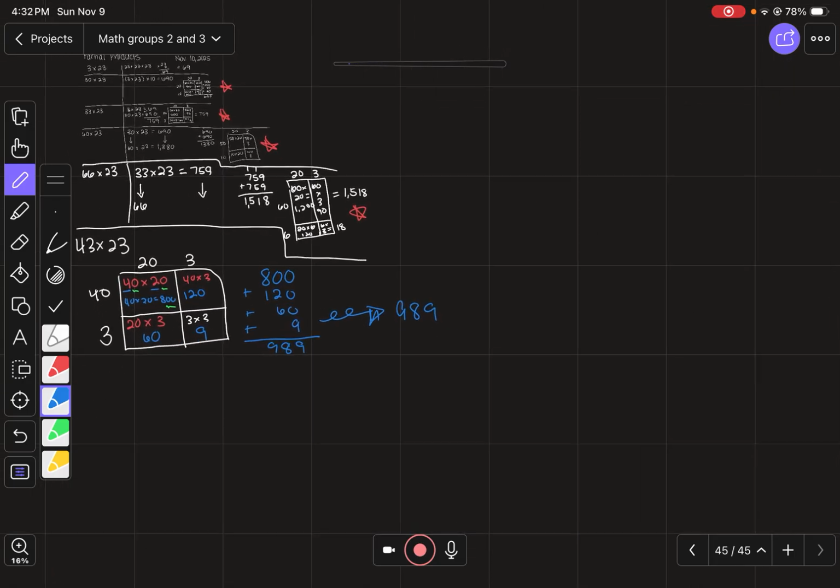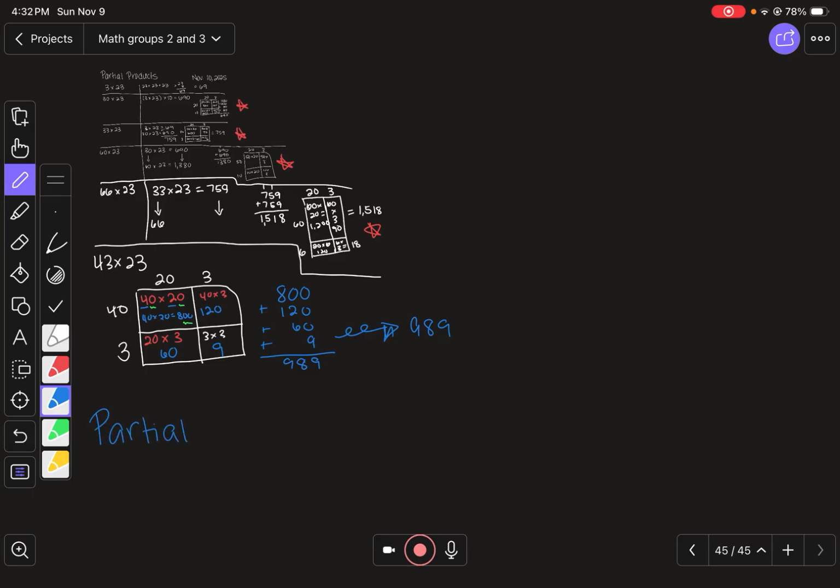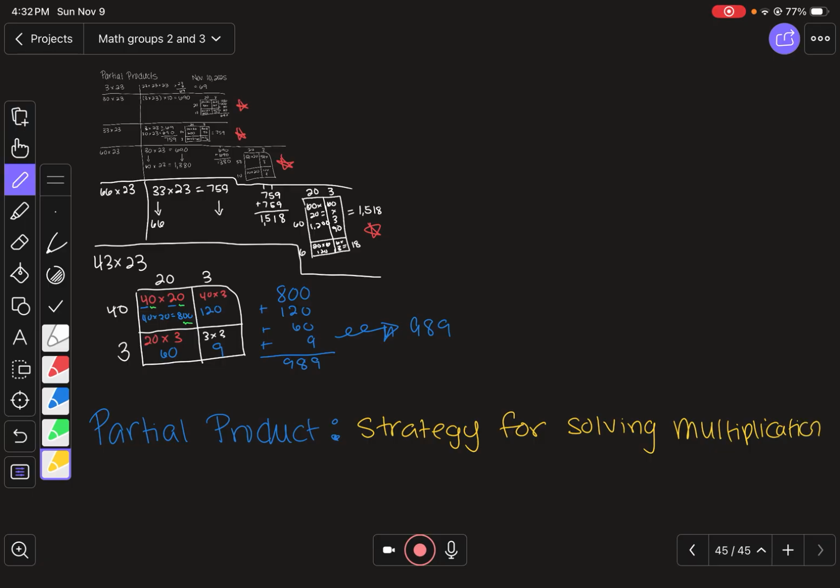So the last thing that I want to do is I want you in your notebook underneath your problem string, I want you to write these words. I want you to write partial product, and then I want you to write the definition as a strategy for solving multiplication problems.